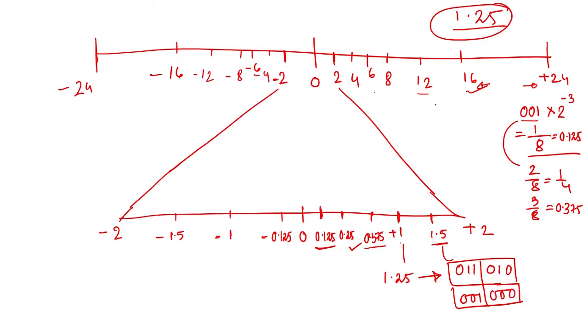Okay. So, that is what we learned, and you see the numbers very close to 0, this region is very dense, but however, as the numbers move away it is very sparse. Okay. So, this is the way we should represent the number, okay.